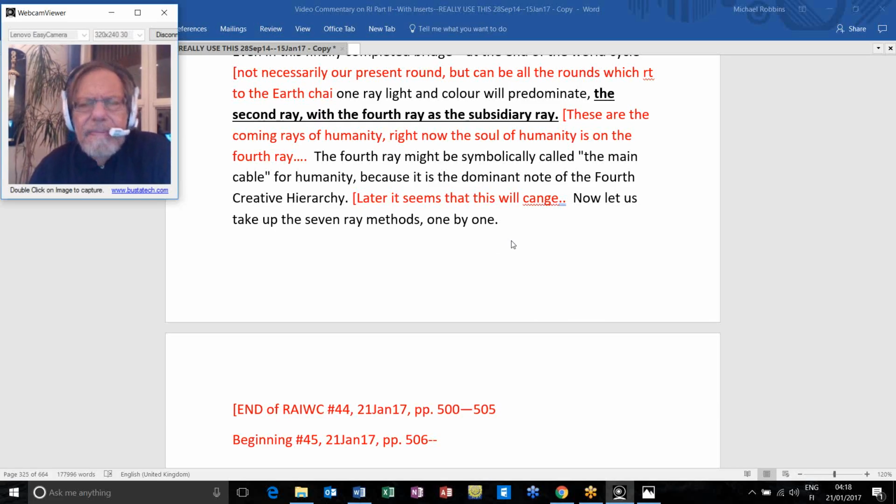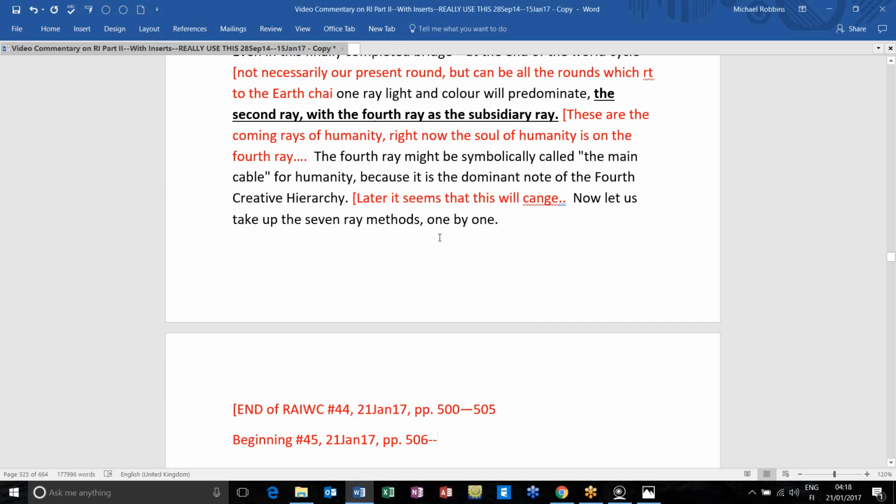But that is kind of cut off from our personality consciousness through a process which I call dimensional sealing, S-E-A-L-I-N-G.